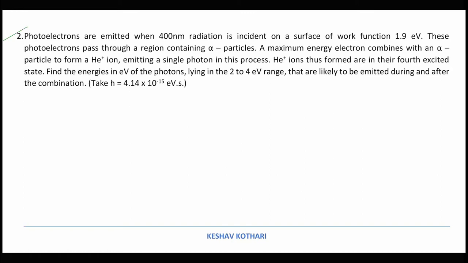So for this question, we begin by calculating the value of the incident energy, which is equal to hc by lambda, or we can put over here 1240 by lambda in nanometer. So the value will be in electron volt. If we do the necessary calculation, we get 1240 by lambda in nanometer, that is 400. So the value which we obtain is 3.1 electron volt.